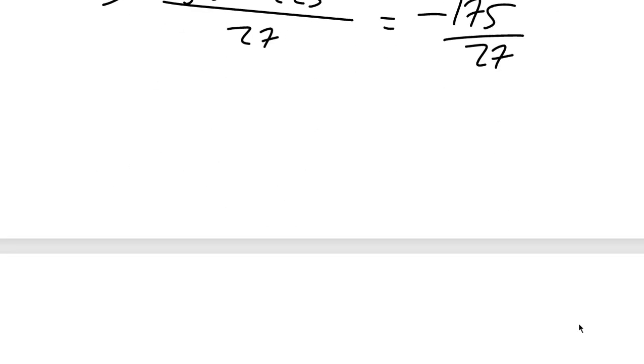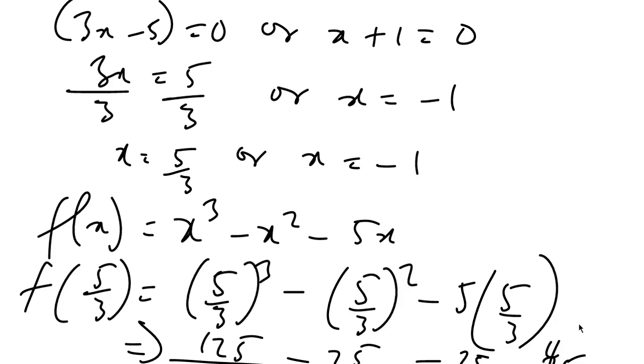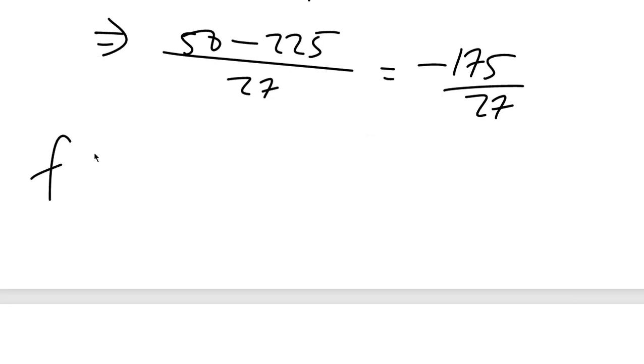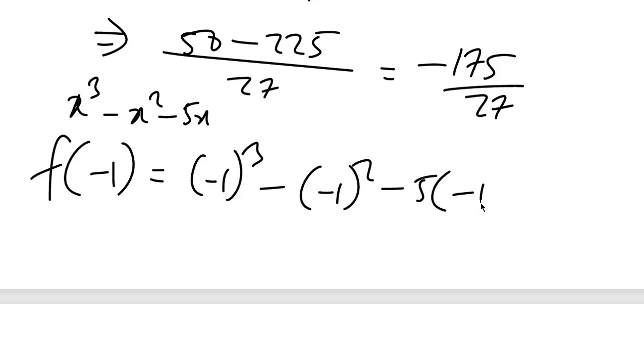And then remember the other point we got was what? Minus 1, right? So at f of minus 1, remember that the original function is what? x cubed minus x squared minus 5x. So at minus 1, you have minus 1 to the power 3 minus 1 squared minus 5 into minus 1. Minus 1 to the power 3 is what?